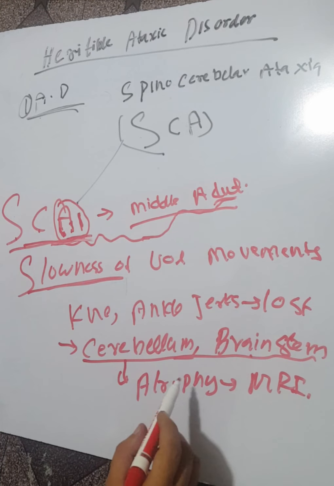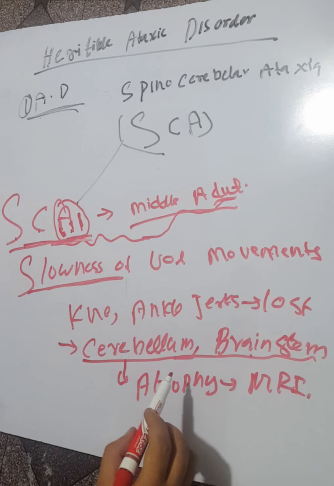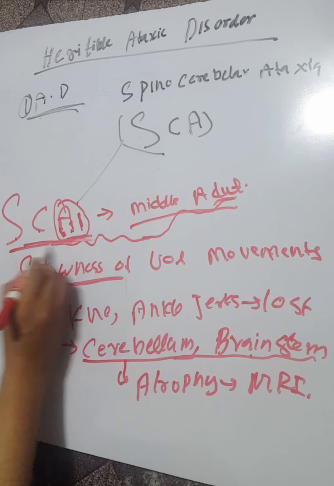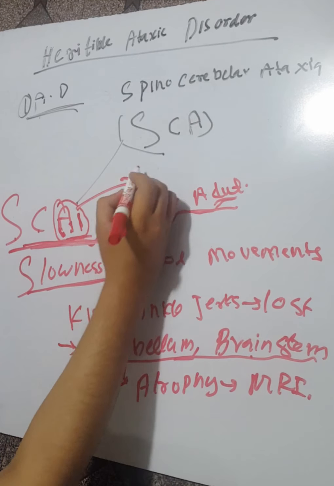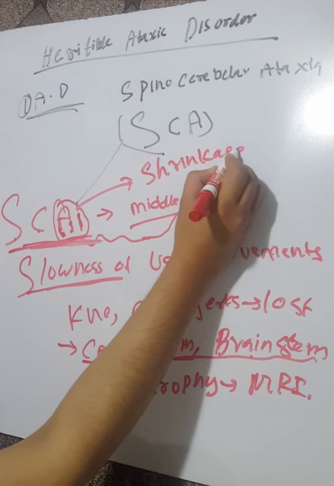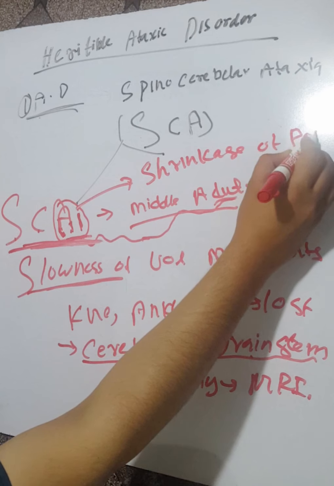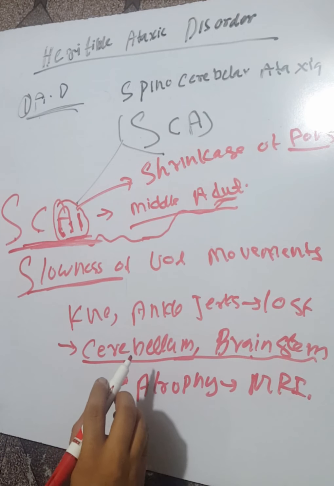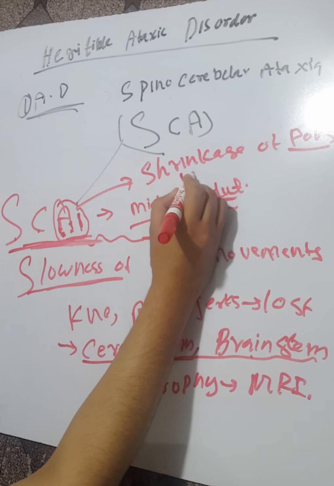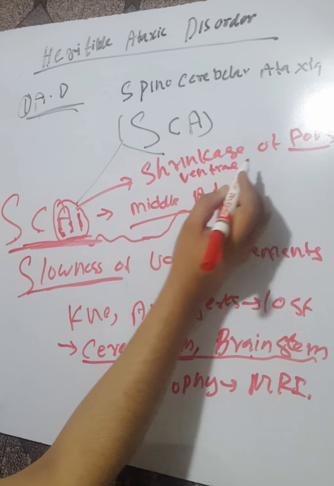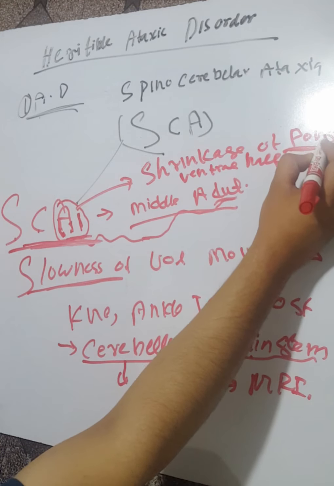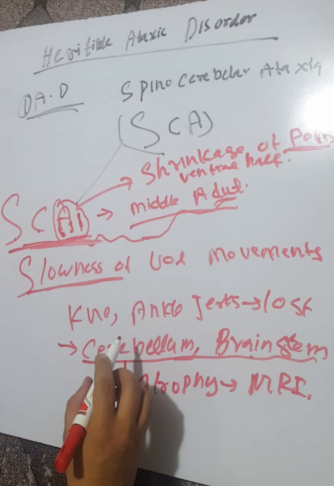As a result of this, shrinkage of the ventral half of the pons occurs due to SCA1, in the ventral half, not the dorsal.